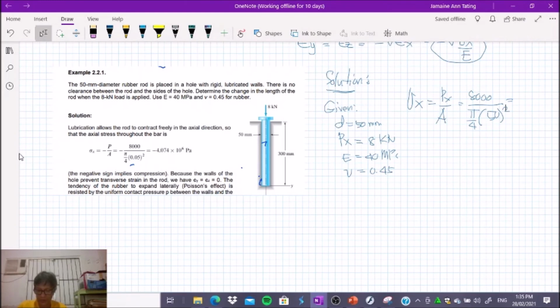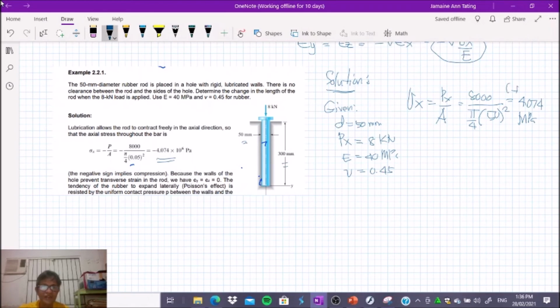So our answer is 4.074 megapascal. Okay, that is our sigma x. Now, our length is 300 and our diameter is 50. We know that it is in compression, so this should be negative when substituted.